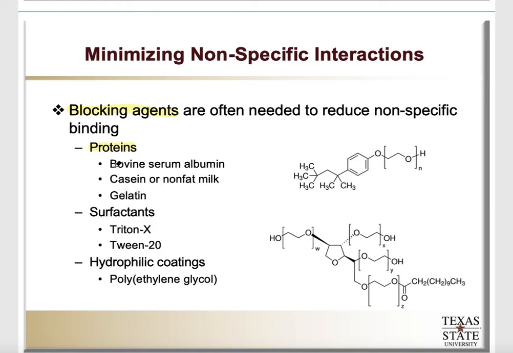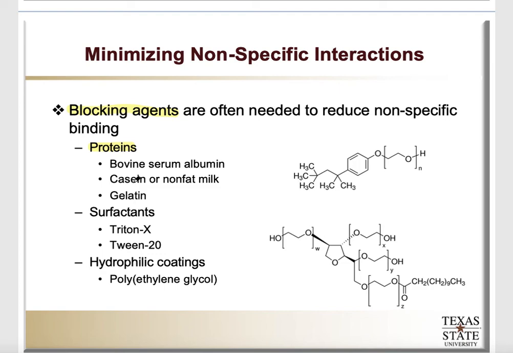One of the common things that you'll see in papers is the use of bovine serum albumin, or BSA. This might be something that you incubate your biosensor with before addition of your physiological fluid. Sometimes, in addition, the physiological fluid might be further diluted in a BSA solution to prevent non-specific absorption.